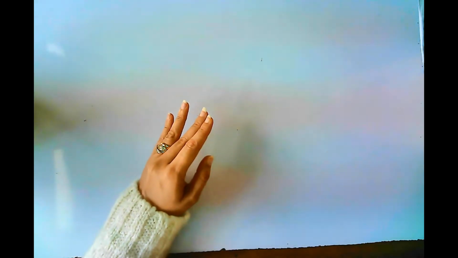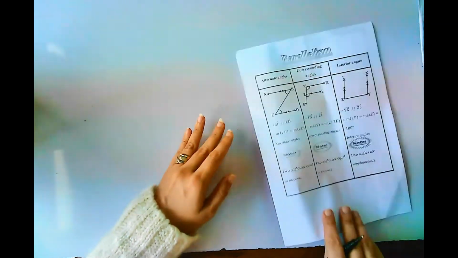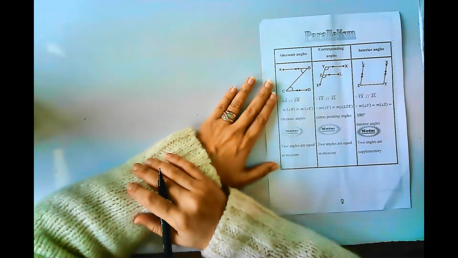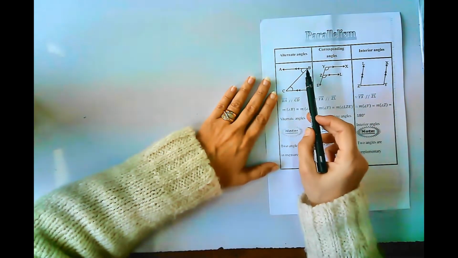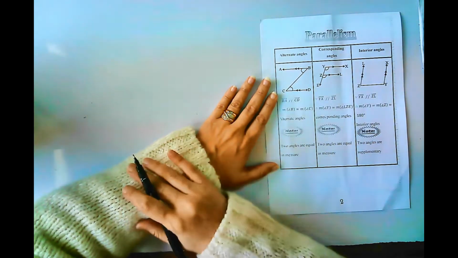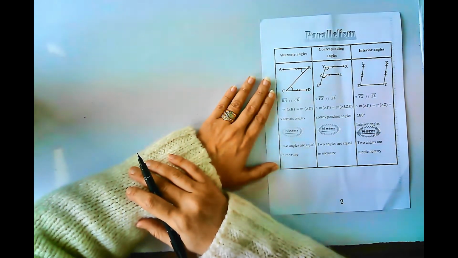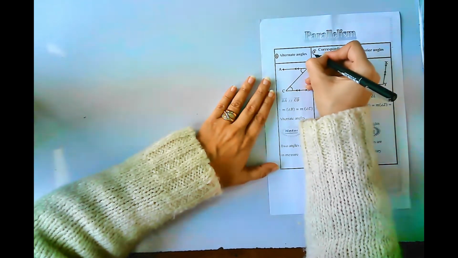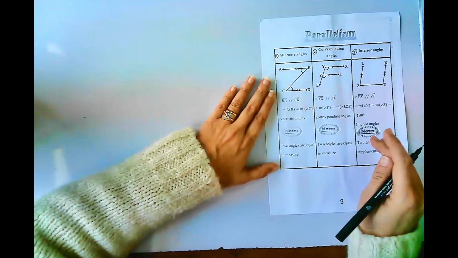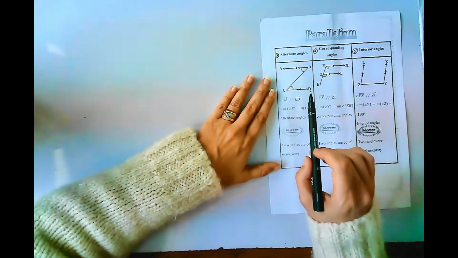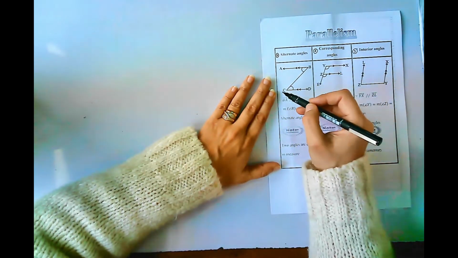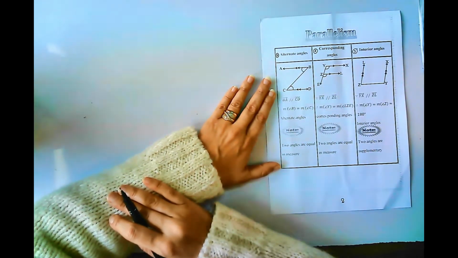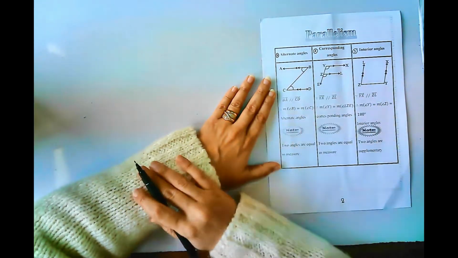Another one. We study parallelism. If we have two lines parallel or two rays parallel, then we have three cases. Number one, BA parallel to CD, and this is the letter Z, and BC is a transversal. So these are alternate angles.